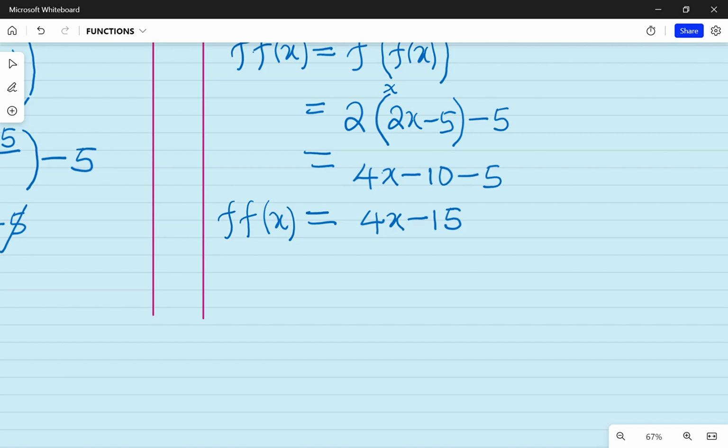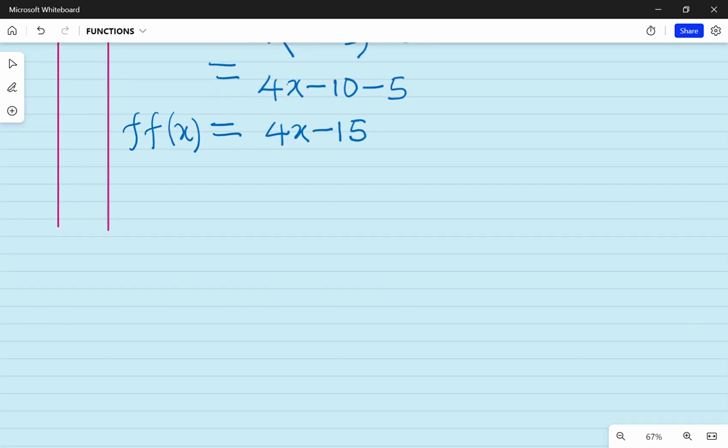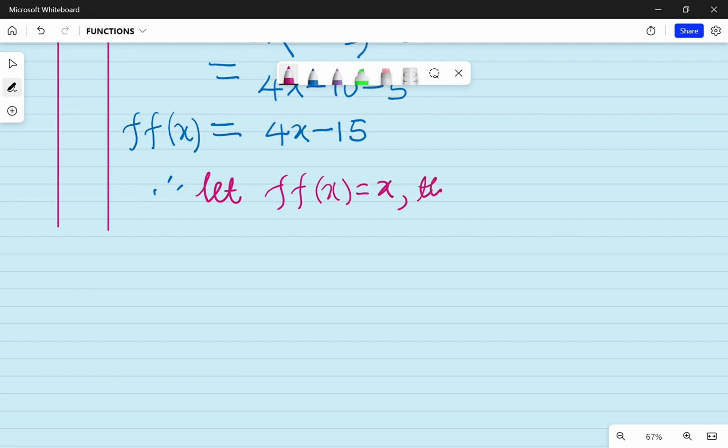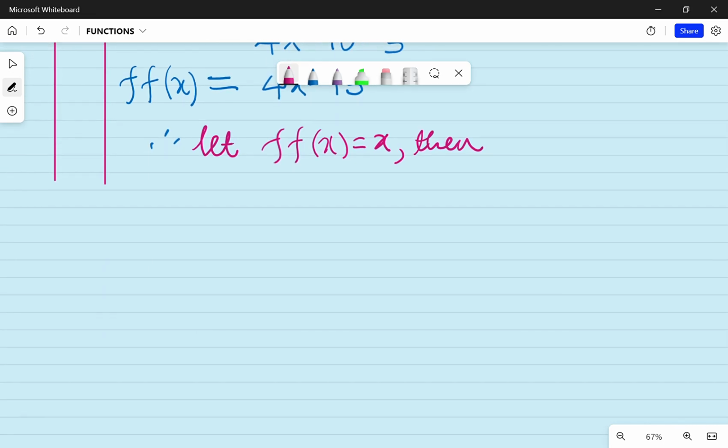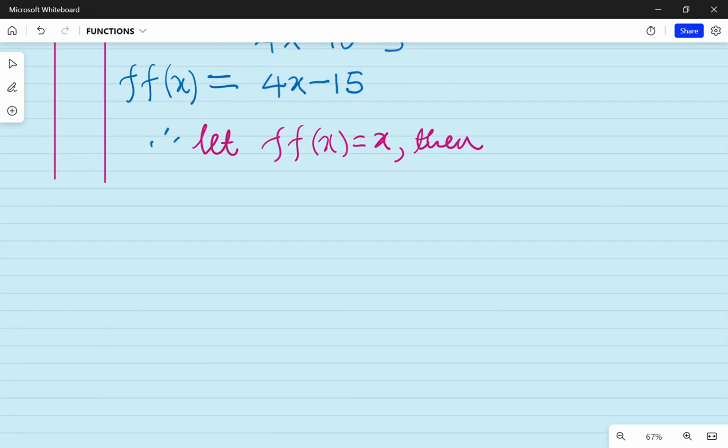So here we say let f of f of x equal to x. Then we'll equate the two. We are going to have 4x minus 15 is equal to x.